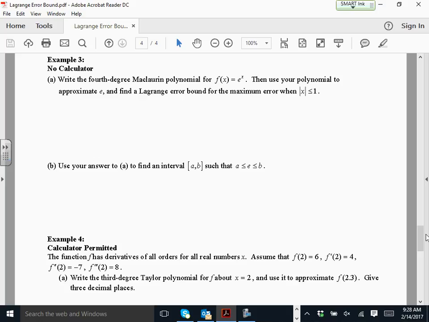That's a good question. You might be right, Tyler. They might have to use a super long Taylor polynomial, right? But here, number 3, no calculator. Useful information for you.